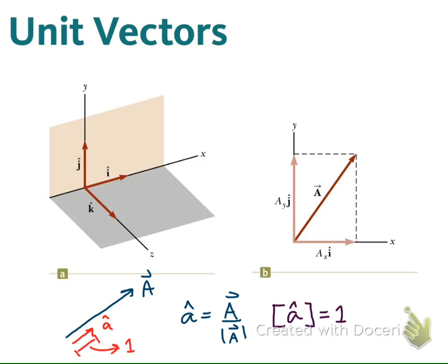Because from this definition, the dimension of the vector A and the dimension of its length will cancel. So the dimension of the unit vector is 1. We can say that the dimension of the unit vector is 1, or the unit vector has no dimension.